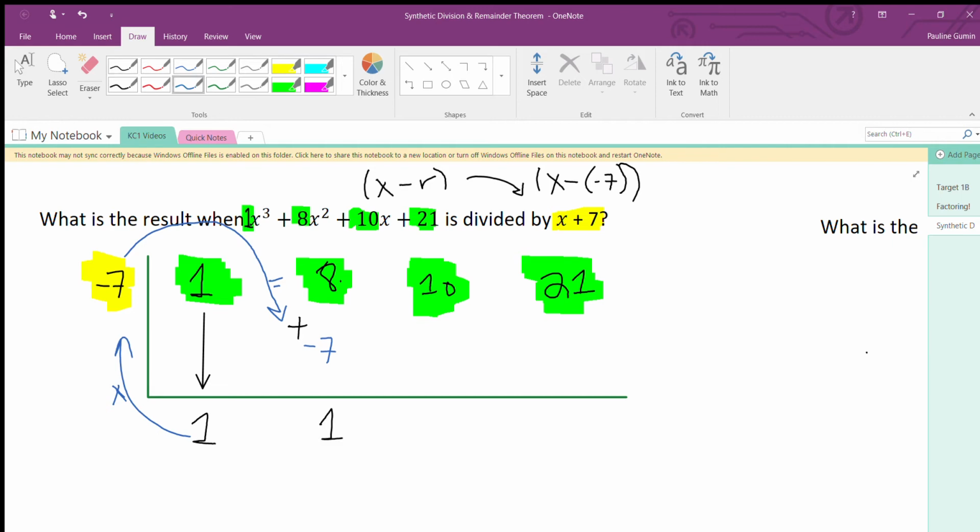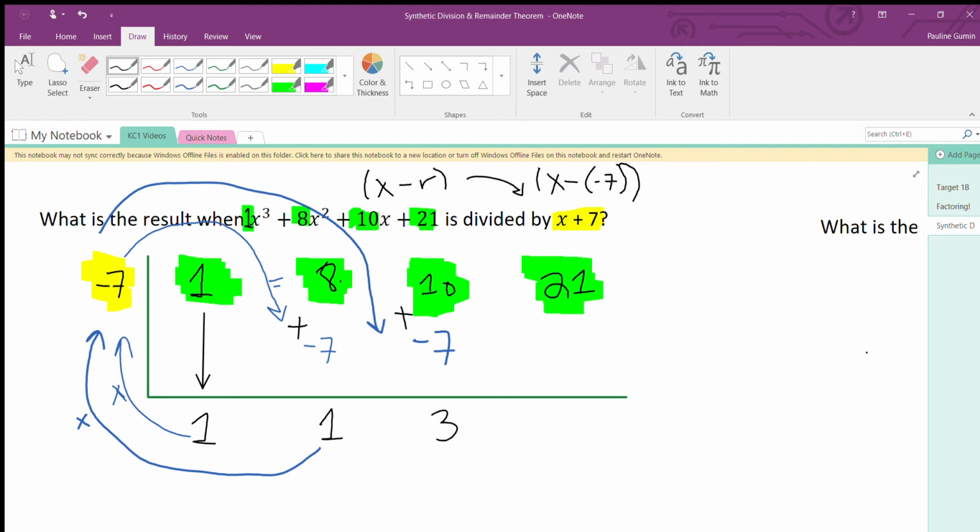I'm going to multiply again. 1 times -7, and I plop the answer down here, -7. I'm going to add again. 10 plus -7 is +3.